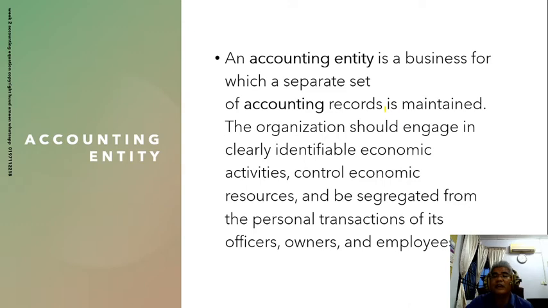So in this accounting entity definition, I will highlight the most important text. It's a business for which a separate set of accounting records is maintained. The organization should engage in clearly identifiable economic activities, control economic resources, and be segregated from personal transactions.